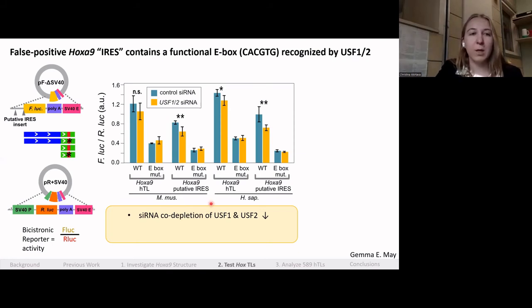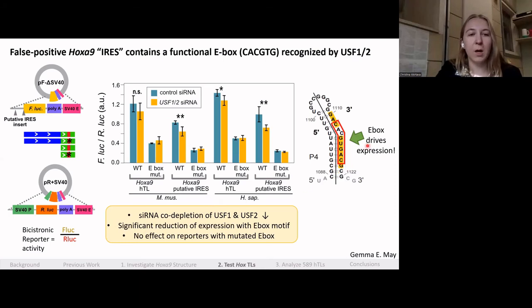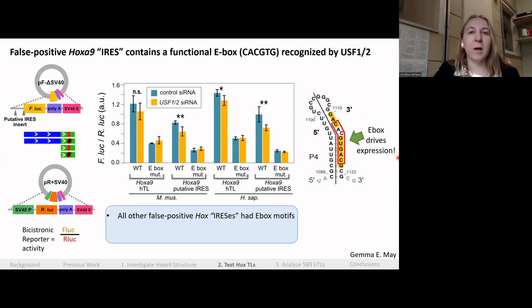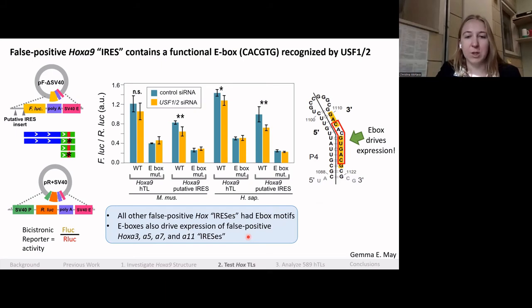So from this, we concluded that the E-box is a key player in driving the promoter activity in that HOXA9 region. We also found that other HOX genes had this E-box motif, and we tested those again using these bicistronic reporters and found that all of those HOX genes also showed false positive activity and had these E-boxes driving F-Luc expression.